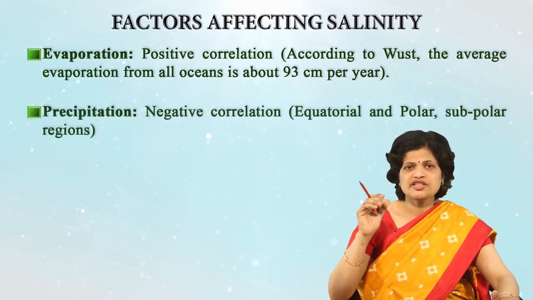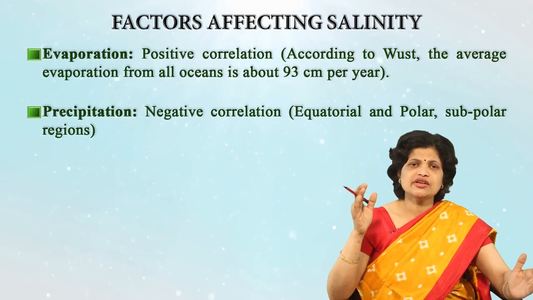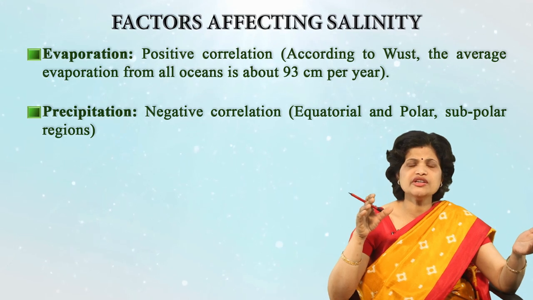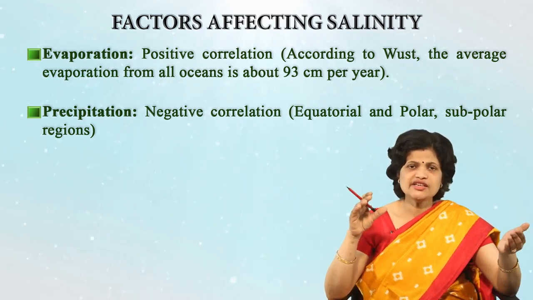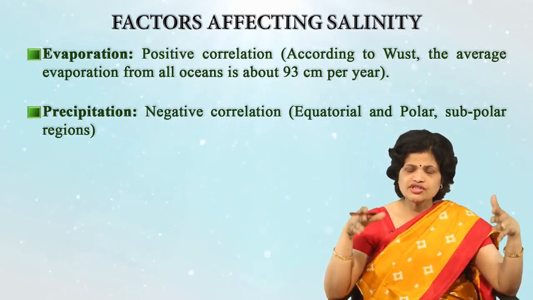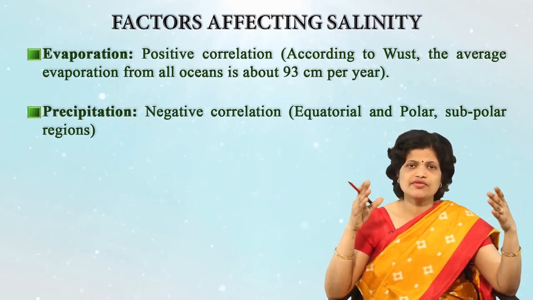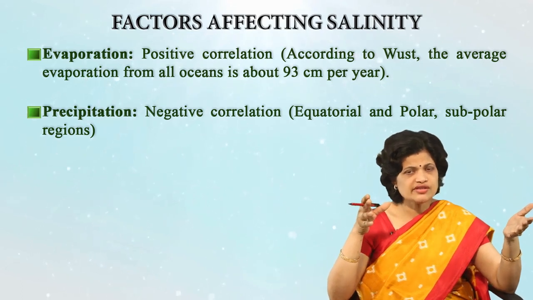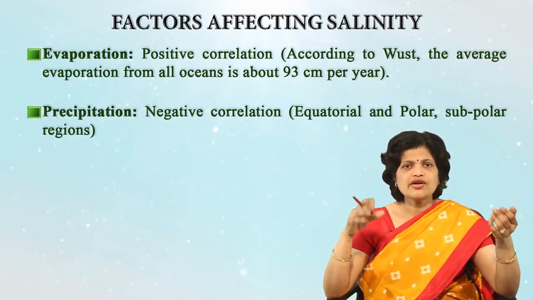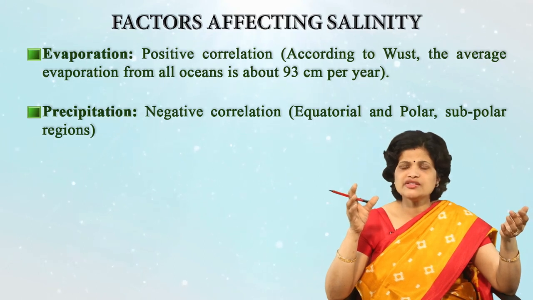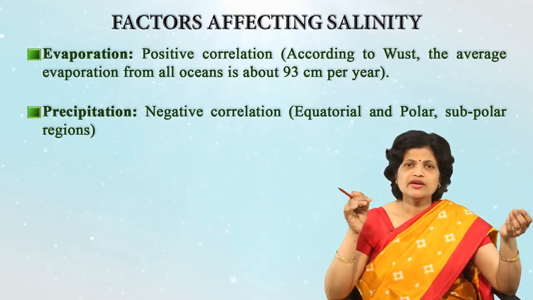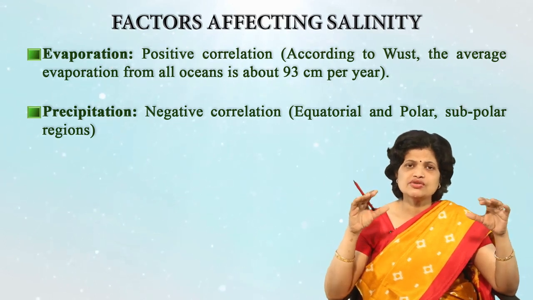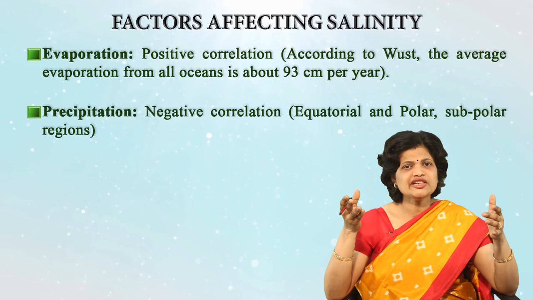Now, coming to precipitation, you can just correlate. Precipitation has a negative correlation with the amount of salinity. Since fresh water precipitates in the form of rainfall or snowfall, whether it is in equatorial regions in the form of rainfall, or in the polar or subpolar regions in the form of snowfall, they will increase the water content in the ocean water, so the proportion of salts will automatically decrease.